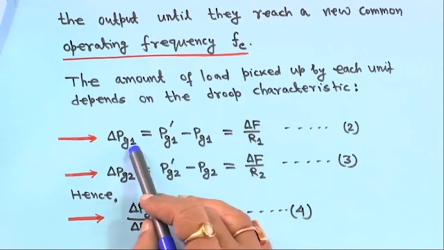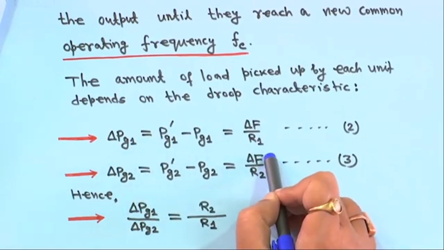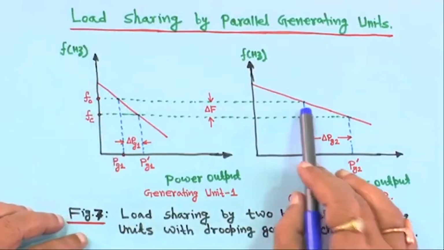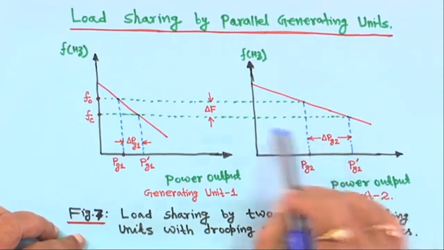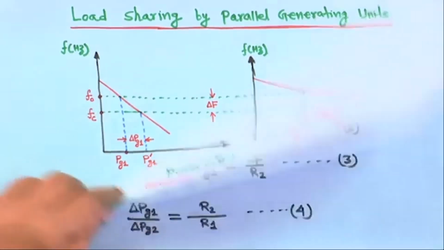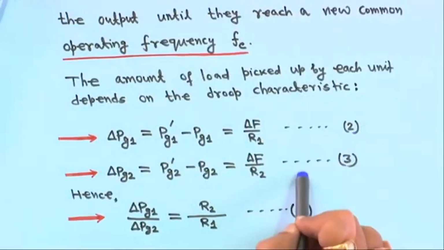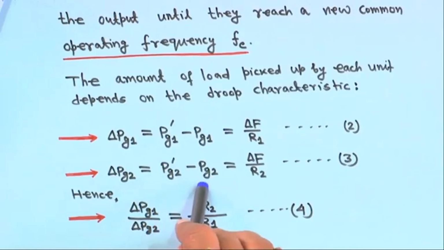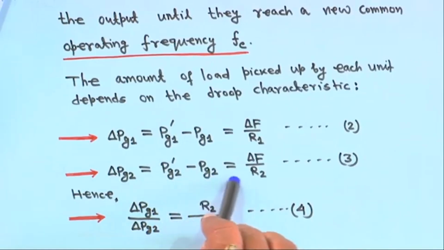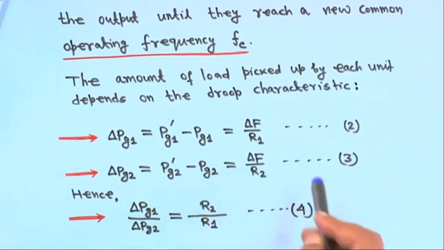Other way we write delta Pg1 is equal to delta F upon R1. This is equation 2. Similarly, R2 is equal to delta F upon delta Pg2, or delta Pg2 is equal to delta F upon R2. Here delta Pg2 is Pg2 dash minus Pg2. So, this is equation 3.